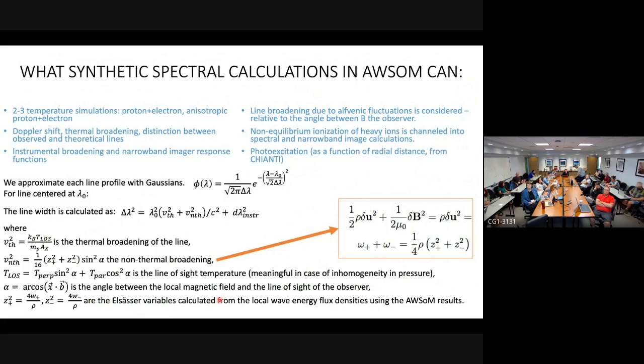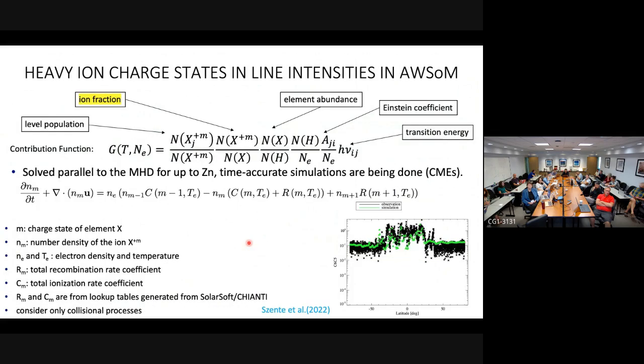Also, using the Alfvén wave energy densities, we calculate the non-thermal broadening that is here, and then we add the instrumental broadening, and this is how we build up our emission lines.